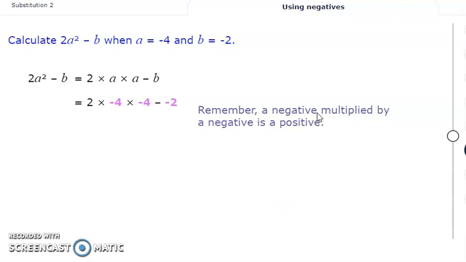Remember, a negative multiplied by a negative is a positive, as I explained previously. So negative and negative here will become positive. So 2 times -4 and -4 is +16, that is 32. Then minus and -2.